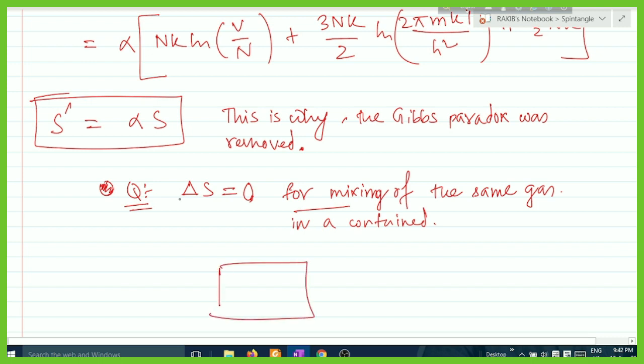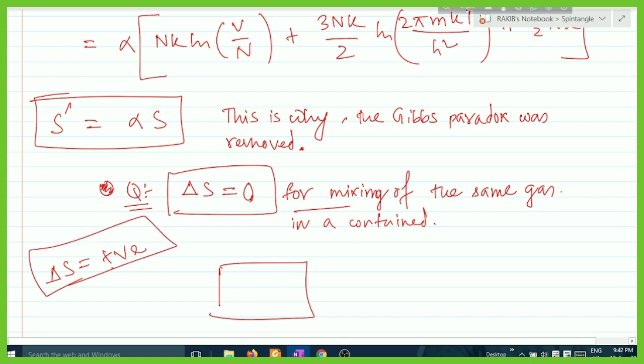You have to prove this thing. In the previous class it was coming positive. This entropy change is positive, and you have to put 0 in this positive.